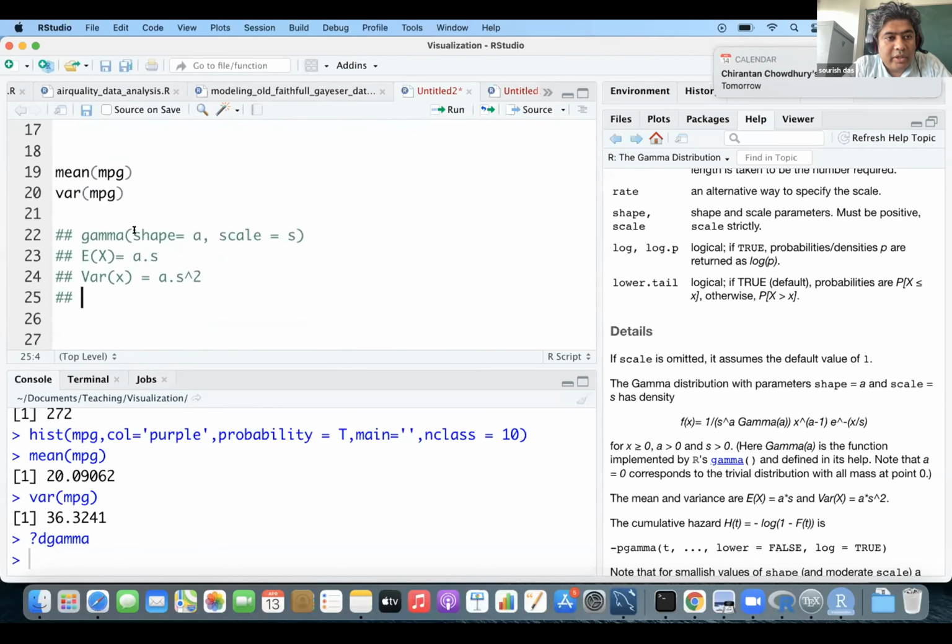So I'm using the method of moments because it's a dirty way of quickly getting the numbers and getting it going. Okay.